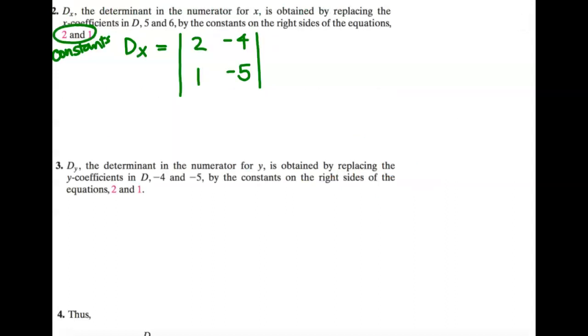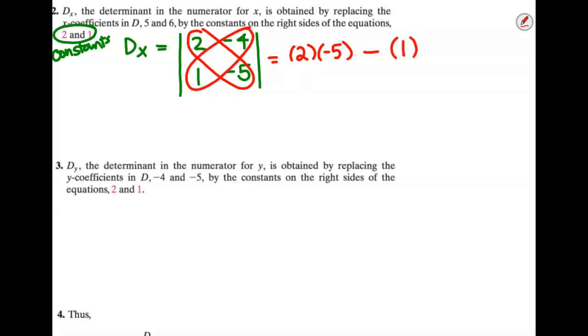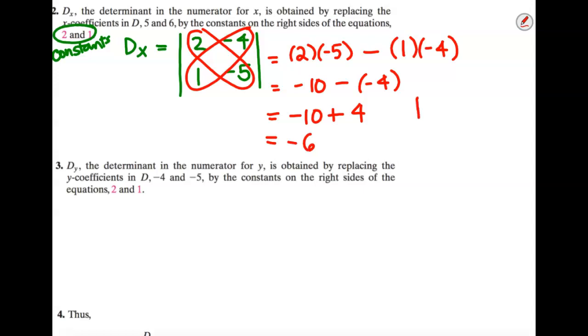Now we do the determinant again. We multiply 2 and -5 together, minus 1 and -4 together. Simplify: -10 minus -4 becomes an addition between those two terms, and you get -6. We're going to work with that -6 later on. So the determinant of x equals -6.